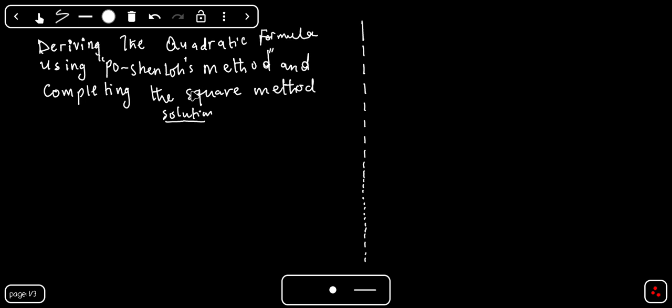Now let's start with Po-Shen Loh's method.